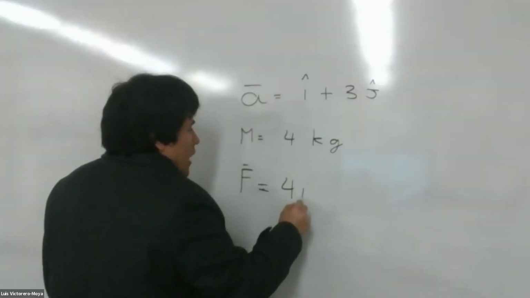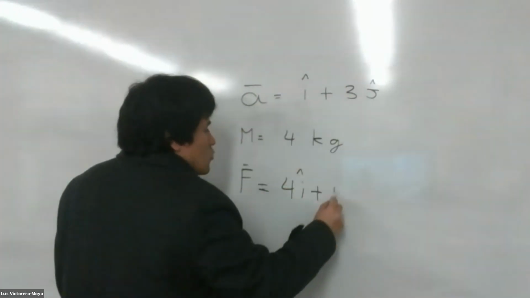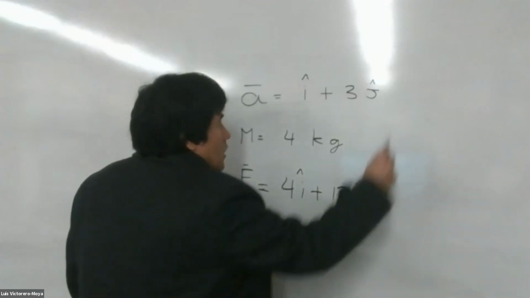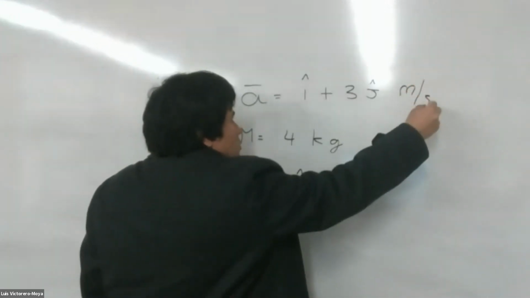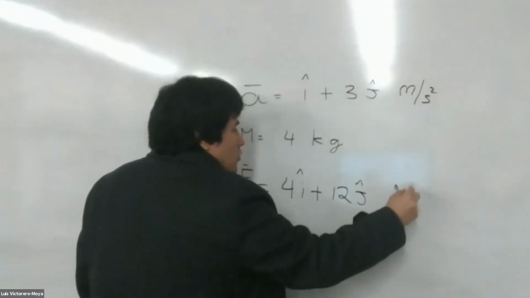That will be 4i plus 12j, and this will be meters per second squared. This will be newtons.